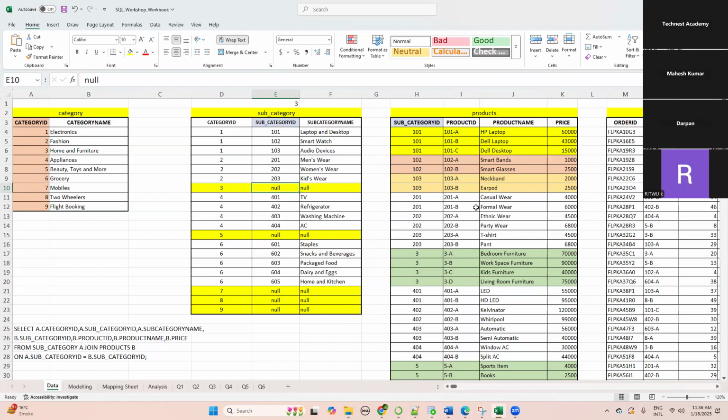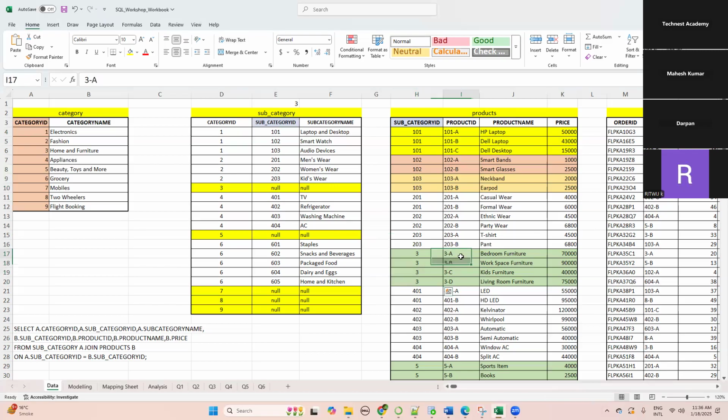They are telling if subcategory ID is not present for a category ID, then the same ID you have to represent in the subcategory ID, but in the products table. That is why in the products table, we have a subcategory ID 3. Because for category ID 3, the subcategory ID is null. So the client told if subcategory ID is null, you mark this as the category ID only.